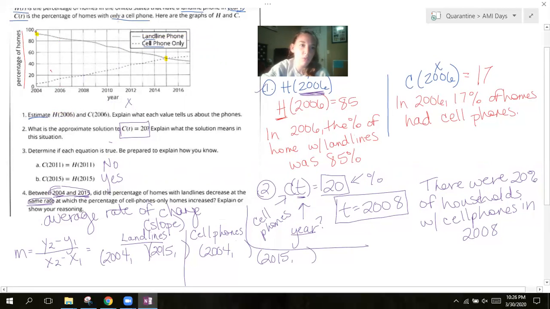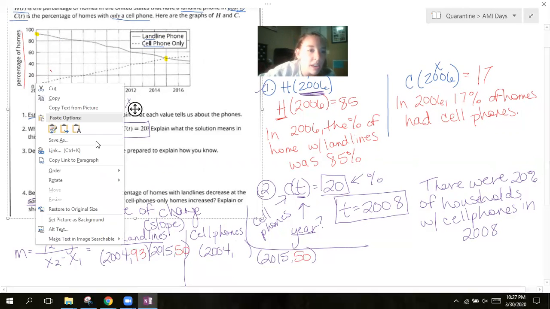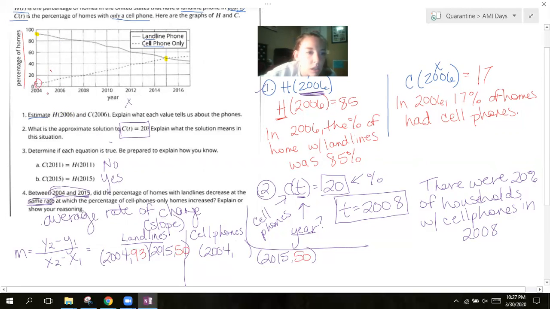So in 2004, it looks like it's almost a little above halfway, which would be 90. So a little above 90 would be about, we'll say, 93. Then in 2015, which is right here where those 2 points intersected, it looks like it's almost exactly at 50. Since those 2 points are intersecting, I can go ahead and write that over here too. The last thing I need is what the cell phones were in 2004, which is right there, and that looks to be about 5.